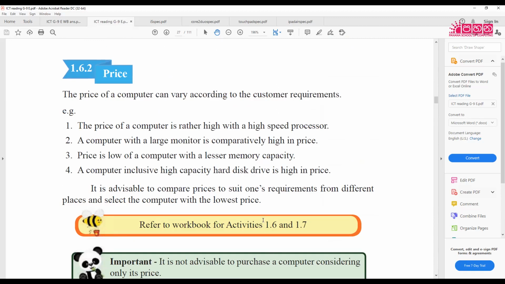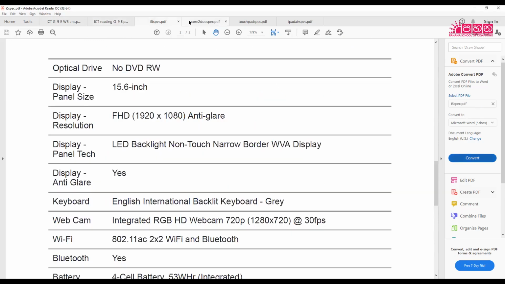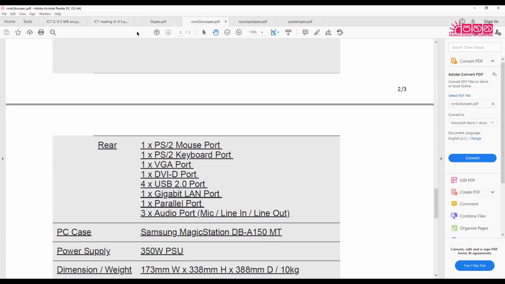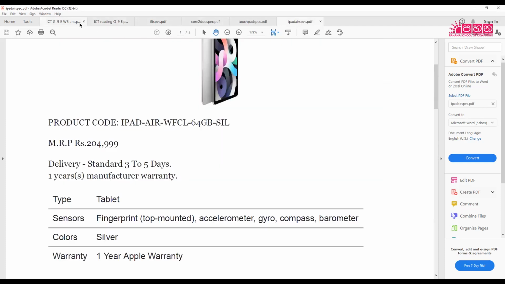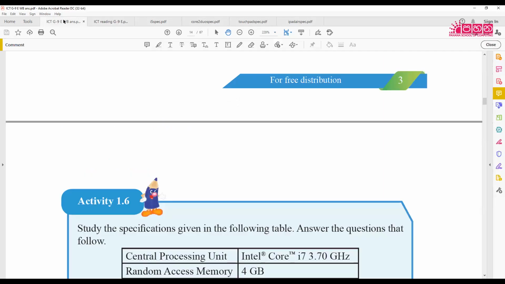Okay, so I think I will stop for today. Although I stop, you have some work to do once I finish. I will send you these 4 specifications in the chat, WhatsApp, and I want you to go through this.